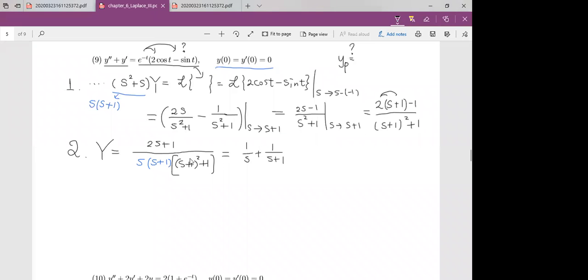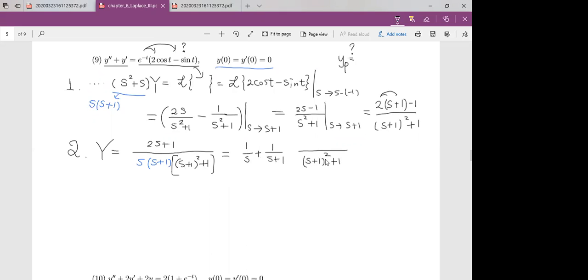And then this quadratic factor is irreducible. As you see there, this has no factoring at all. So you can keep it as it is: s plus 1 squared plus 1. Eventually we need this expression, a perfect square plus 1.